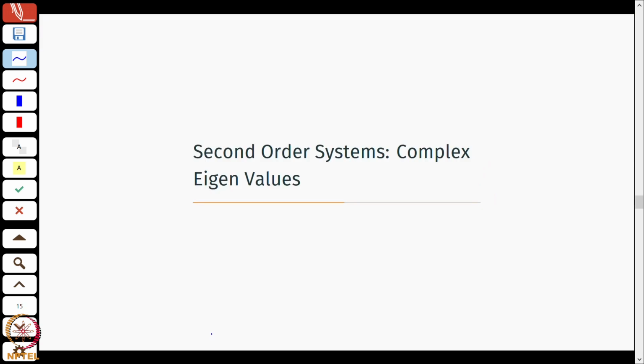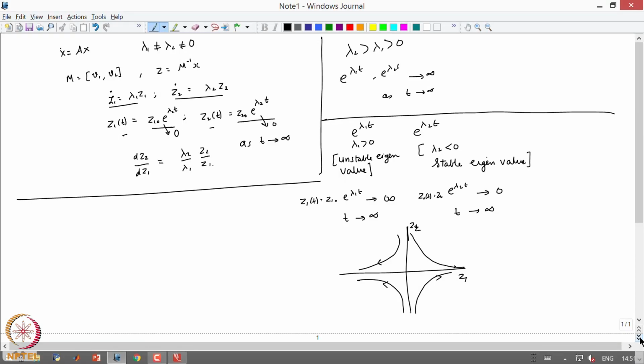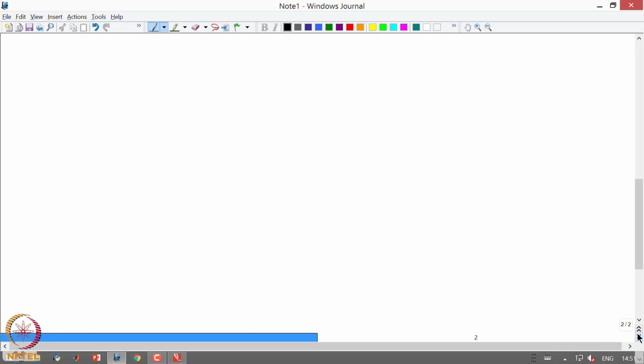What about the case when we have complex eigenvalues? Well, that case also turns out to be interesting. When both eigenvalues are complex, let me call them alpha plus minus j beta.